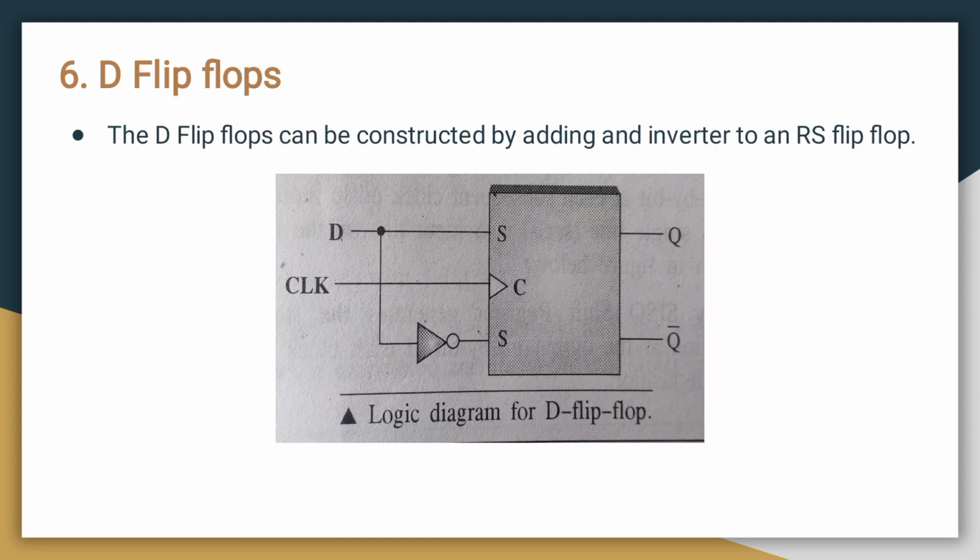Next, the last type of flip-flop is the D flip-flop. The D flip-flop can be constructed by adding an inverter to an RS flip-flop. Here this is the RS flip-flop, and for R we are using an inverter. A single input goes to one input, and the complement of the same input goes to the next input.